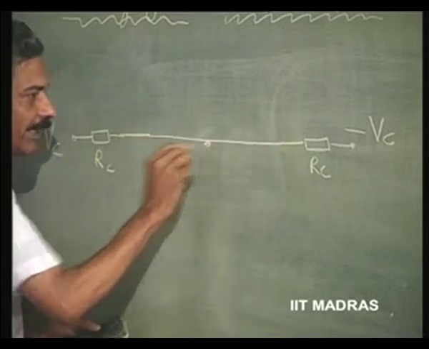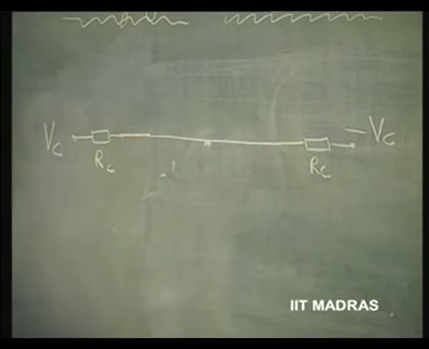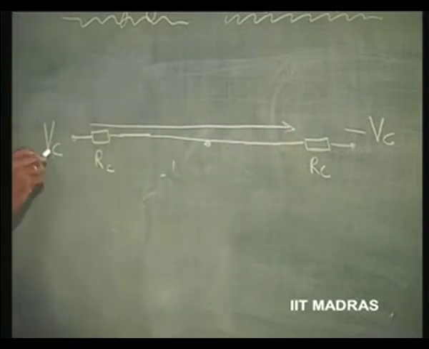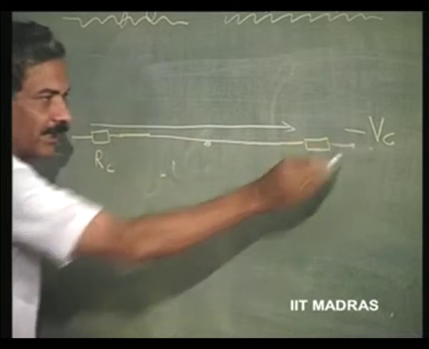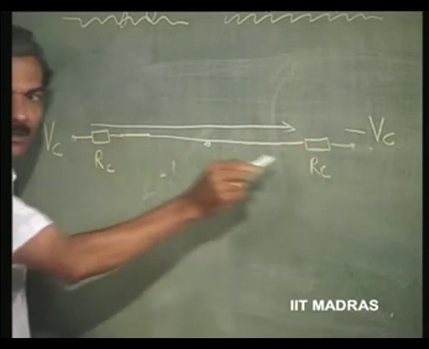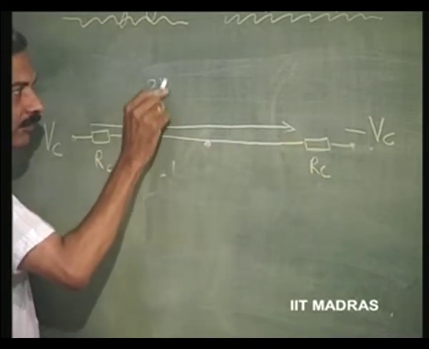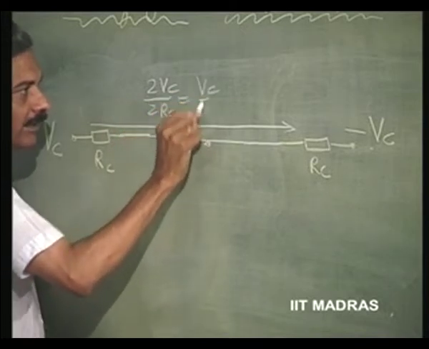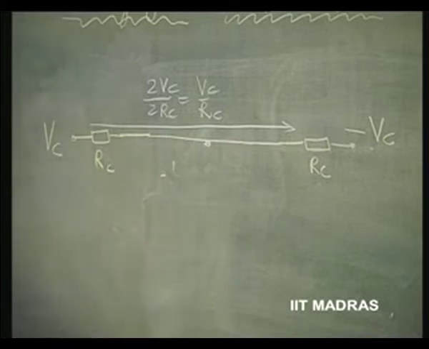The current in this circuit is going to be Vc minus minus Vc, that is 2 Vc divided by 2 Rc, or Vc by Rc. That is the current flowing in the circuit.